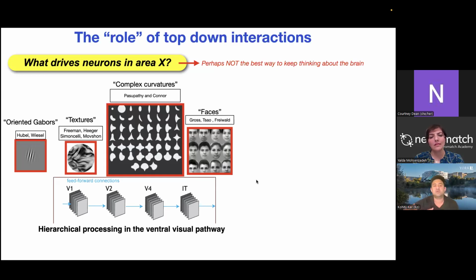And I would argue that what we need are models that predict the responses of neurons in these areas. You can test those models in as many ways as you want. You can implement as many benchmarks and as many ways of hypothesis testing for those models. But at the end of the day, it is going to be a model that looks like the brain that will be an answer.